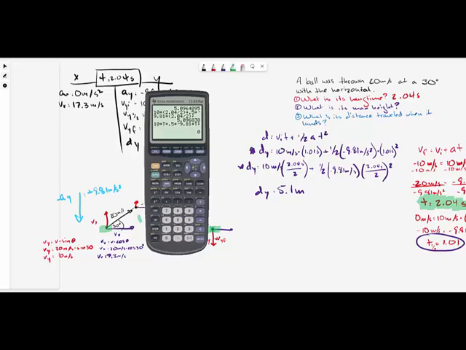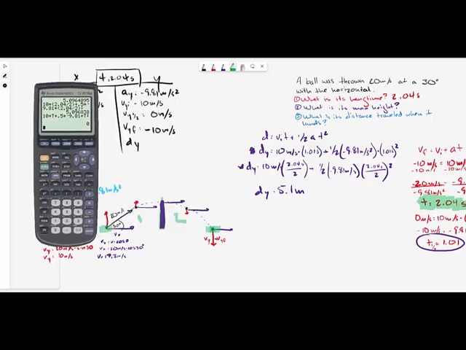Whoa, the difference between ground level and ground level is 0. The total change in height is 0. You can't use the total time. You have to use the half time, a halfway mark. That'll give us a distance of 5.1 meters.